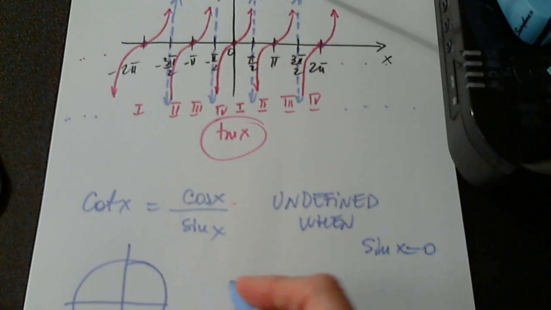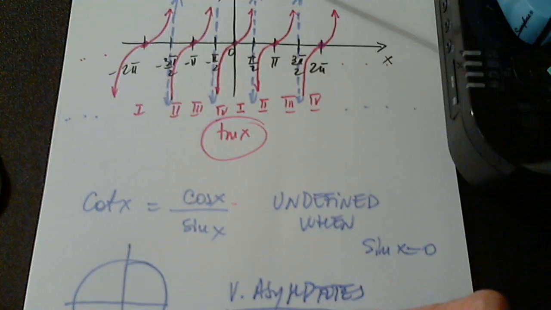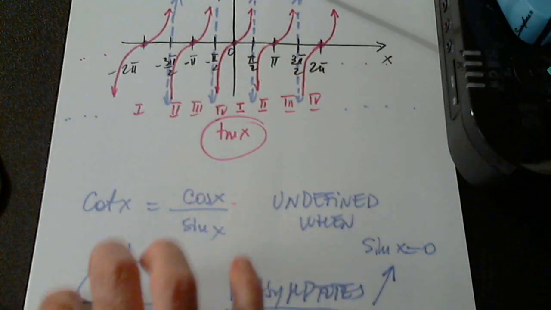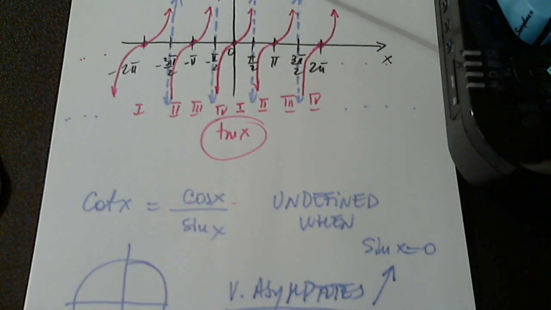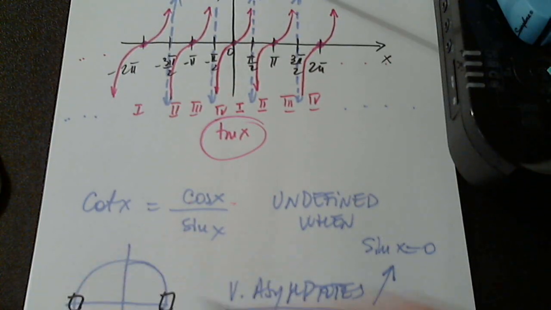Because I know the vertical asymptotes will happen when sine is 0. Where is sine 0? Remember, we know the coordinates, and we know that sine is measured on the y-axis. Where is sine 0? 0 and pi. Excellent. Great job.